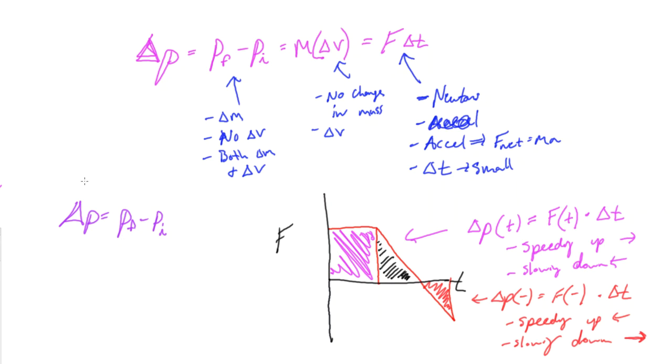You just have to learn how to unpack it. Well, this piece right here would be the part that comes from your graph. And then in the pretext of the question, usually you can find initial or final momentum. Nine times out of ten, it's looking for final momentum. So final momentum is going to equal delta P plus your initial momentum.